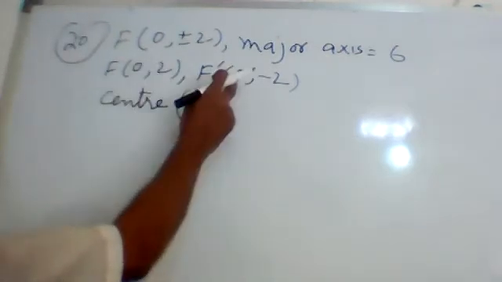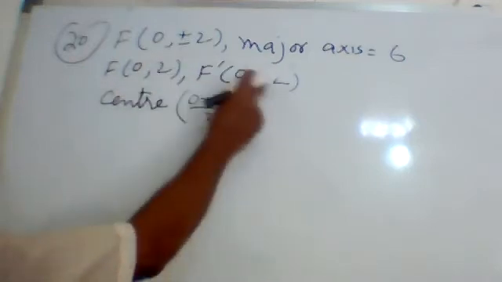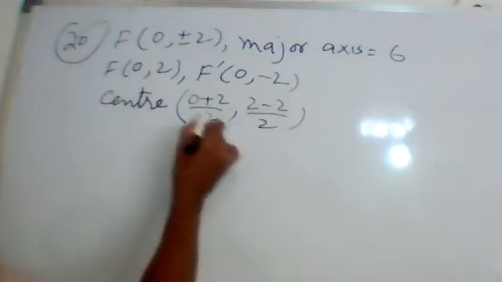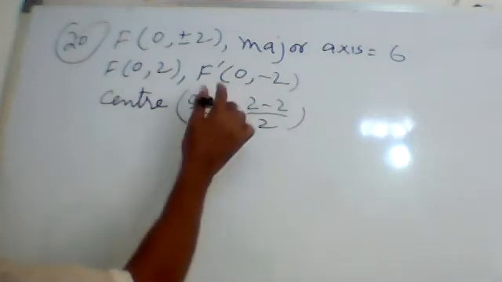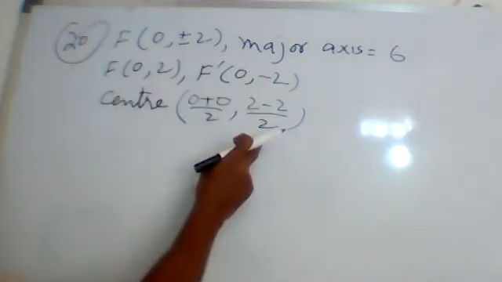So 0 plus 0 upon 2 and 2 minus 2 upon 2. This is 0 plus 0 upon 2, 2 minus 2 upon 2.